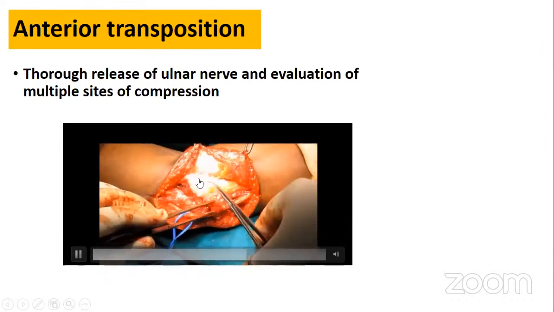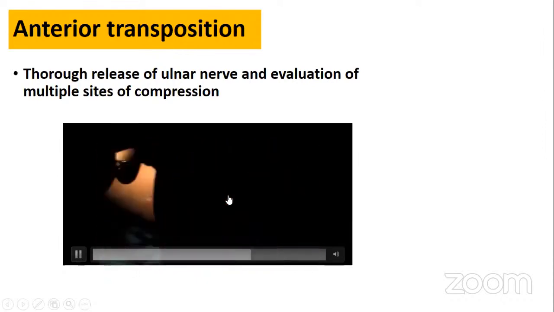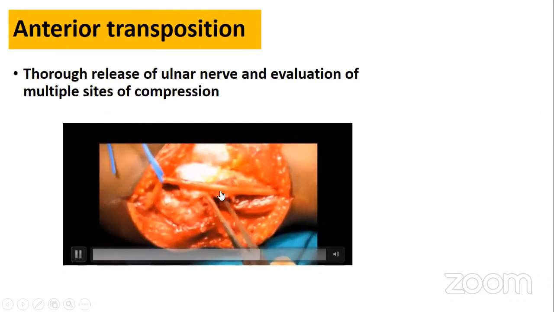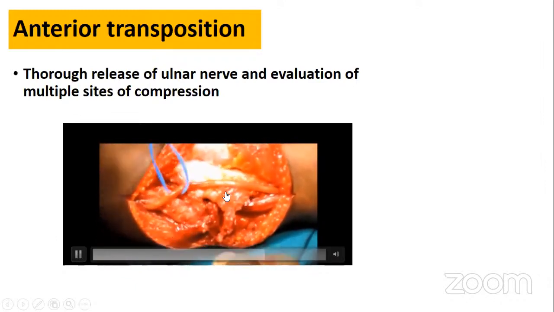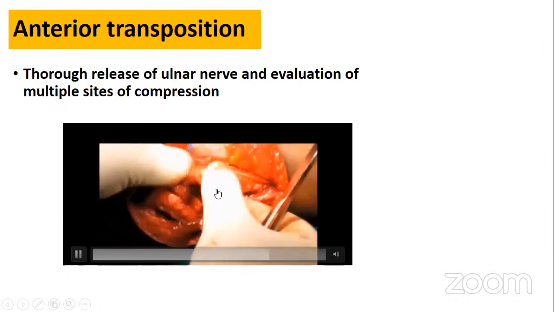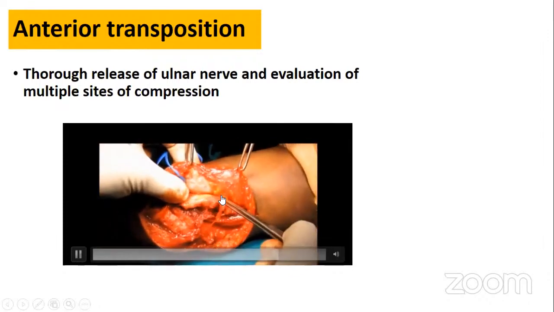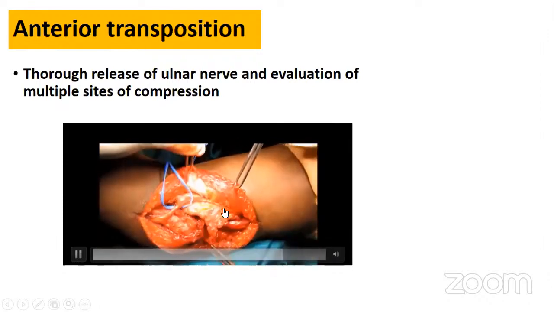And here I'm trying to do a subcutaneous, rather subfascial, kind of anterior transposition with a lot of fat there. I would prefer more of a subcutaneous kind of transfer or anterior transposition most of the time, not submuscular. But make sure it's quite lax.